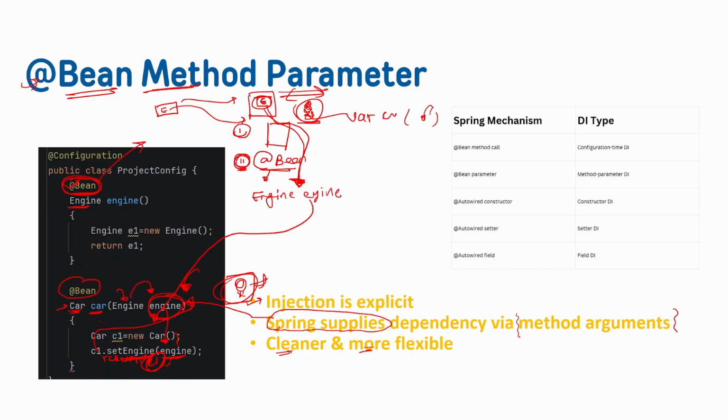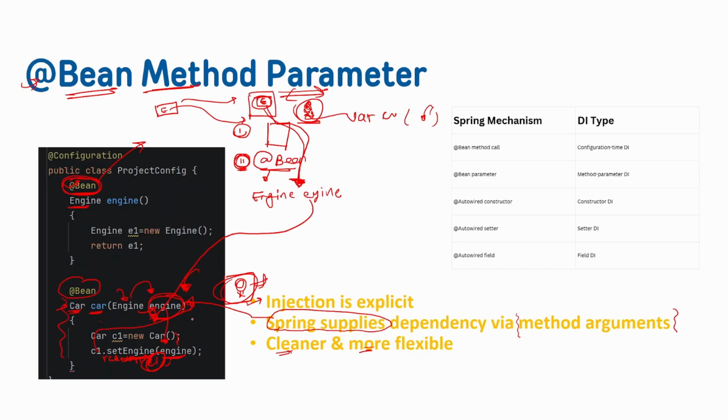Then when it goes to the second, car bean, it sees that in its method argument there is an engine bean specified. So Spring understands that for the creation of the car bean there is a needed dependency, the engine bean. So Spring automatically injects the dependency through this engine parameter.